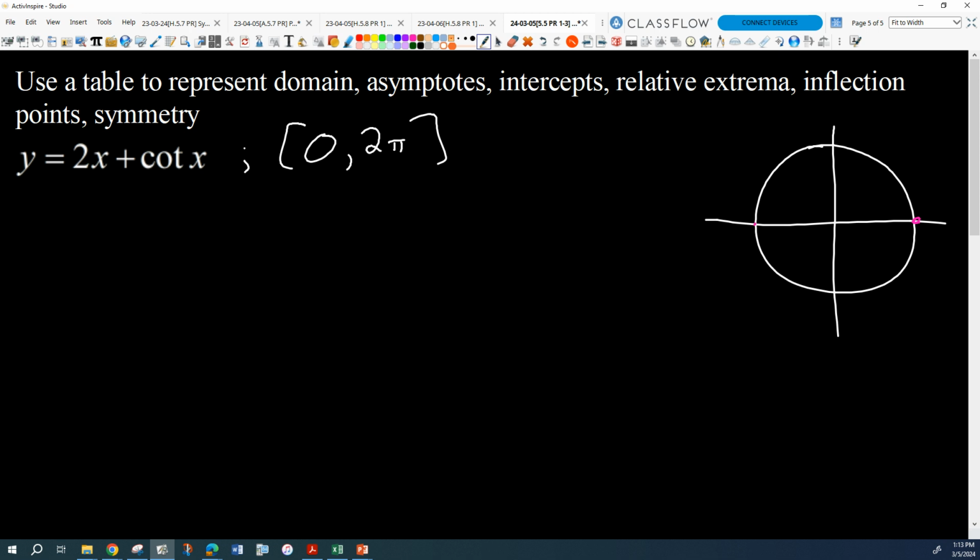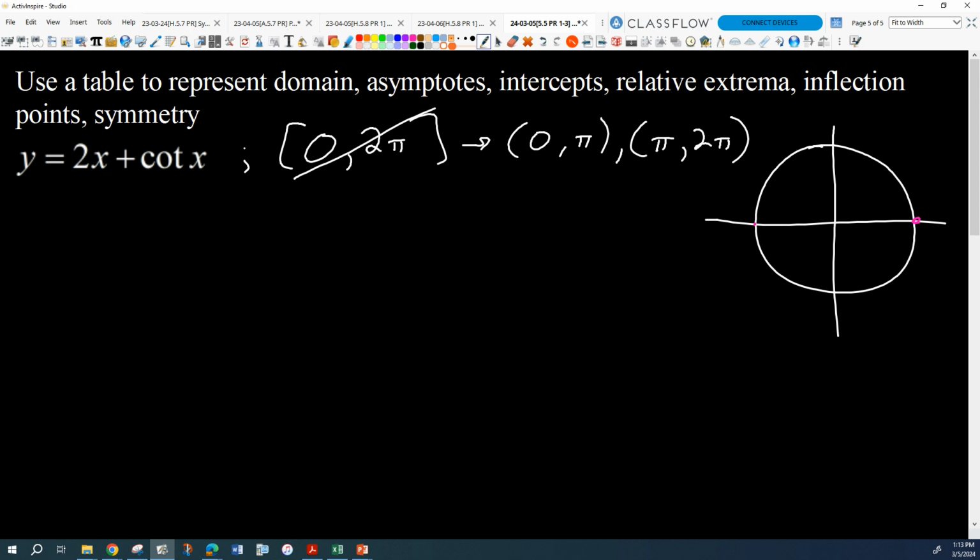On that domain, we would have to exclude 0, pi, and 2 pi, right? So really, that can't be our domain. Our domain would have to be replaced with 0 to pi, pi to 2 pi. Make sense? If we look at one lap of the unit circle, that's our domain for this function.